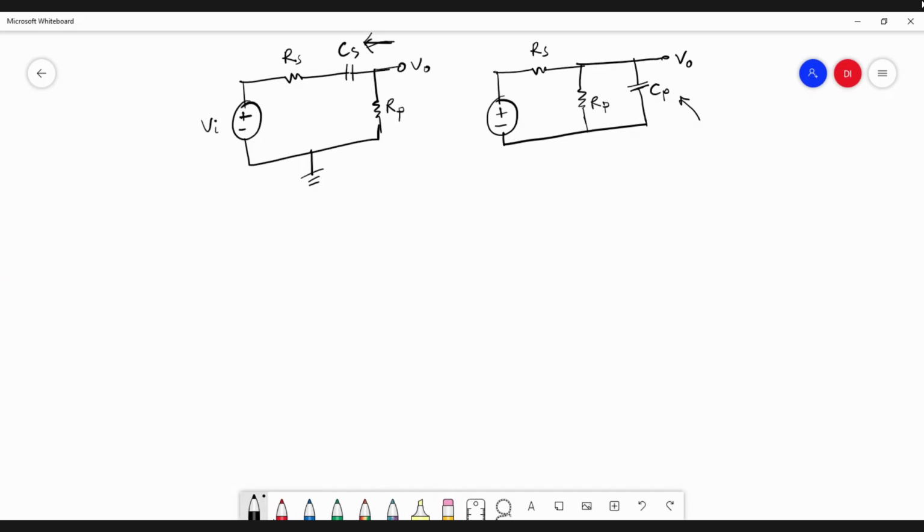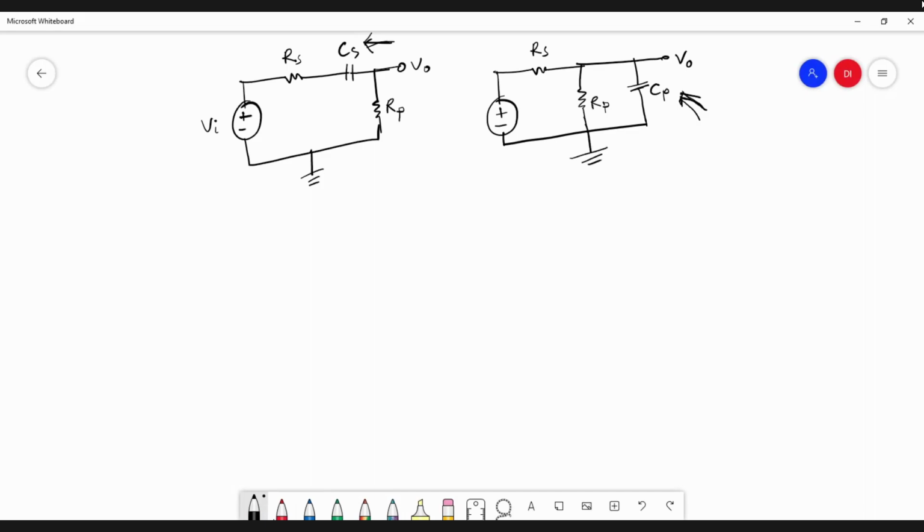Yeah, we can say this is the load capacitor, can we say or not? Yes. So basically, if we analyze with these two simple circuits, then we can get an idea of the frequency response. That is why we consider these two simple circuits.